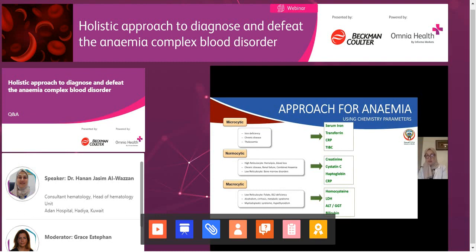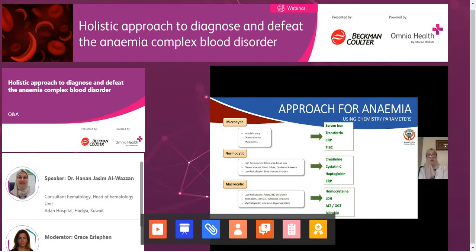Then, after defining whether it is microcytic and hypochromic, if we suspect iron deficiency anemia, we would use the serum iron, transferrin saturation, and TIBC in order to differentiate between anemia of iron deficiency and anemia of chronic disease.